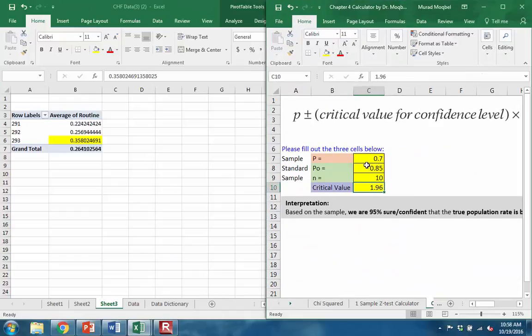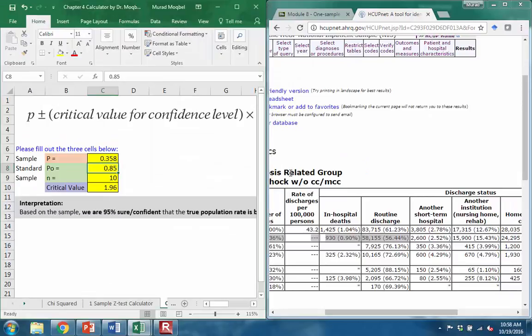For the sample proportion, I will put 0.358. Alright, that's the sample. Now let's look at the standard. The standard is a proportion, so make sure that you use the fraction, not the whole number. So you use 0.5644.